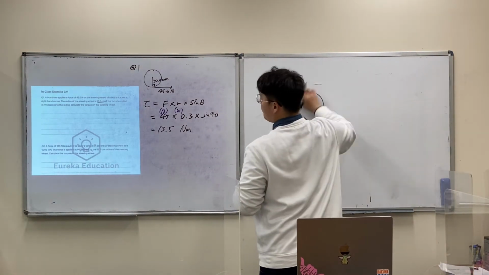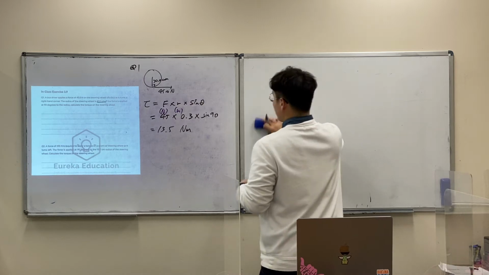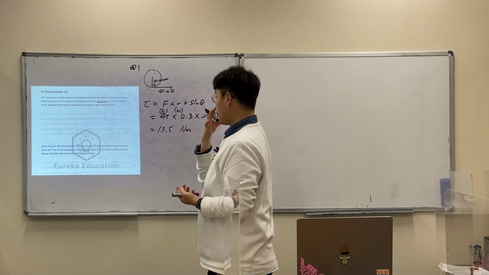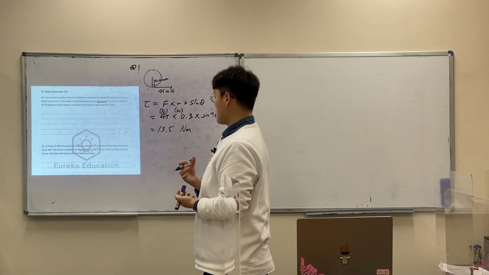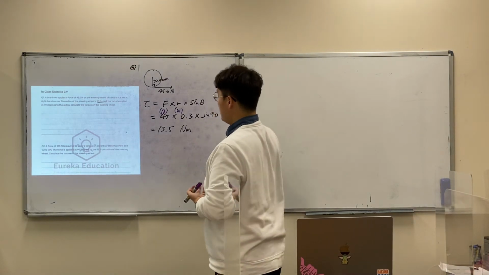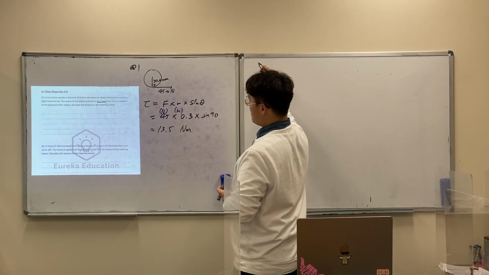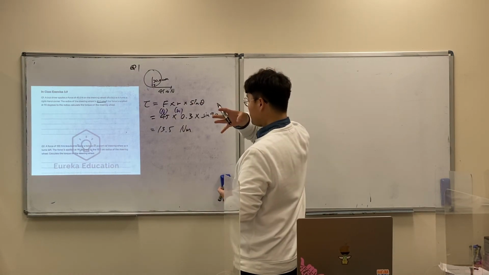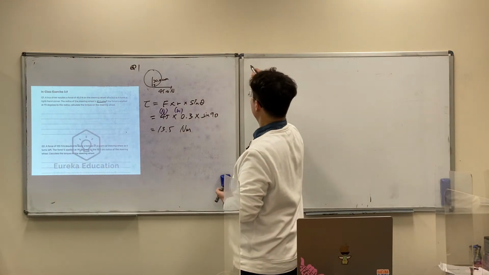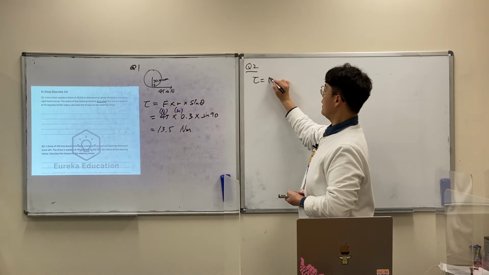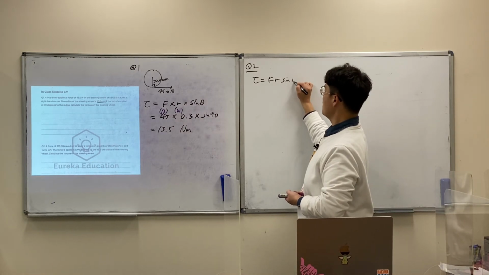Question 2. A force of 255 Newton is required to apply a torque on a sports car steering wheel as it turns left. The force is applied at 90 degrees to the 15.5 centimeter radius of the steering wheel. Calculate the torque. Now let's do that as well. The torque is equal to F R sine theta straight away.